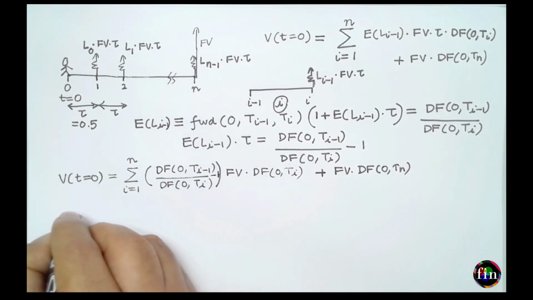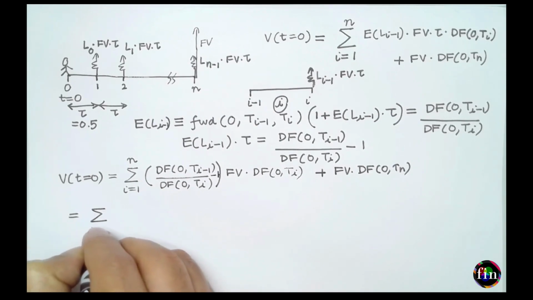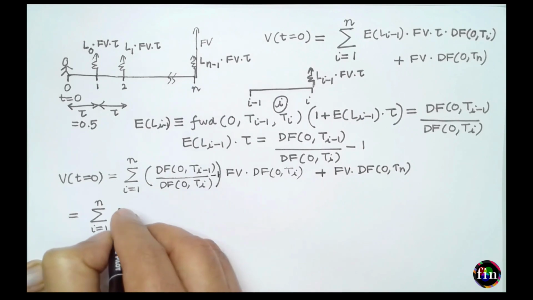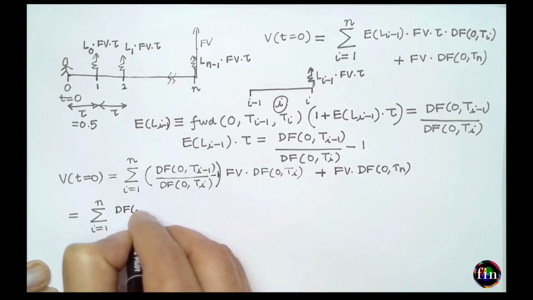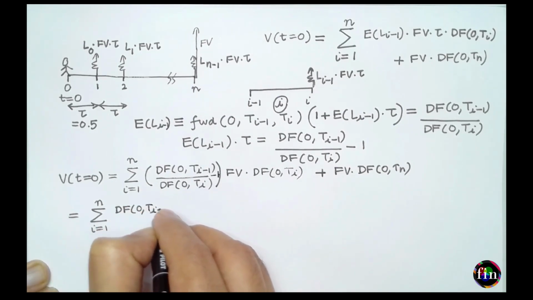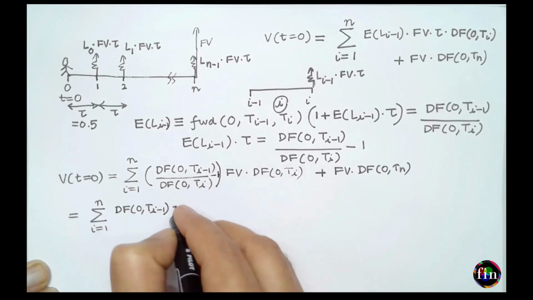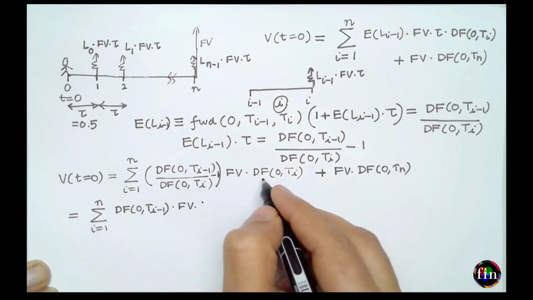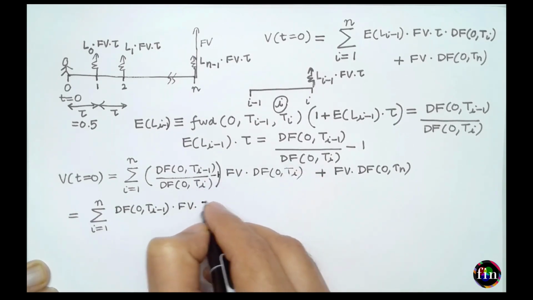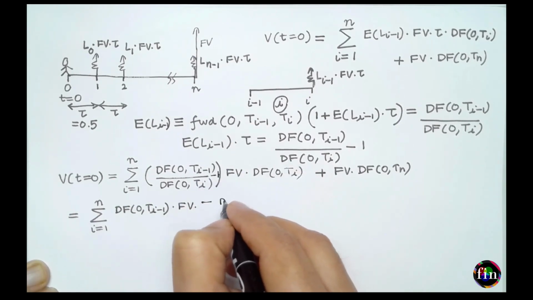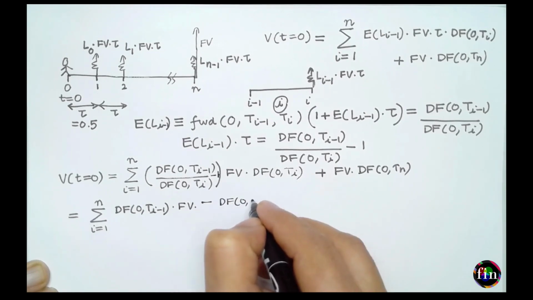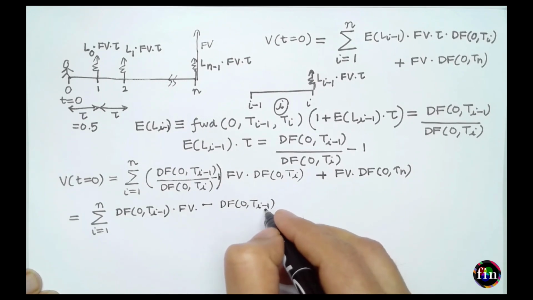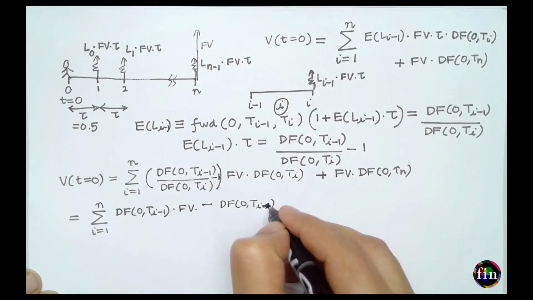Now open up this bracket. When you open this up, it's now very simple. It goes from i equal to 1 to n. If you open this bracket up, you would get df from 0 to ti minus 1, times fv, and this and this cancel, and then therefore minus df 0 to ti, I'm sorry, the second term.